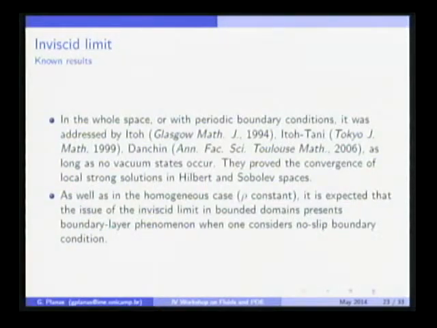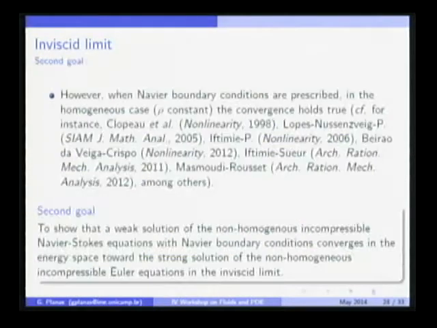Many people talk about this, and they say the Navier boundary condition works well. It's true. So we supplement the problem, in the homogeneous case, with Navier boundary conditions, and it's possible to prove the convergence of the solution of the Navier-Stokes equation to the solution of the Euler equation.